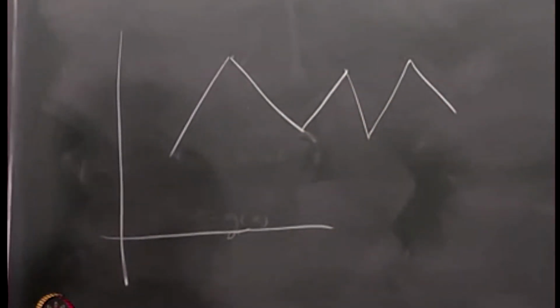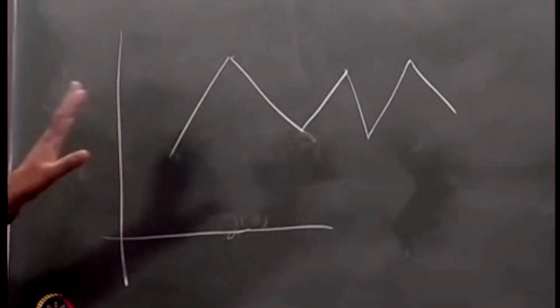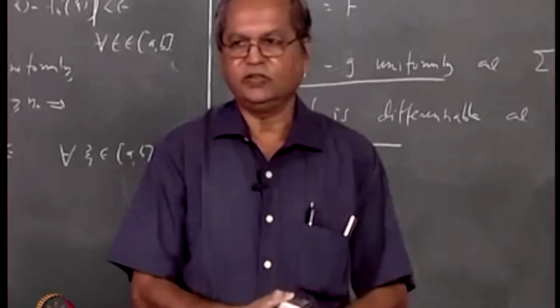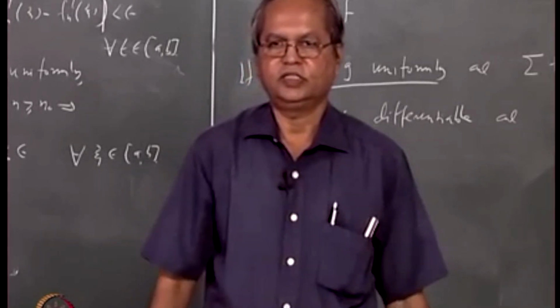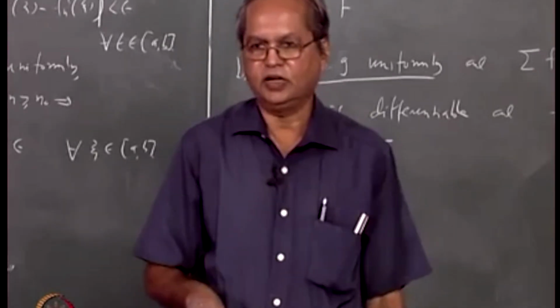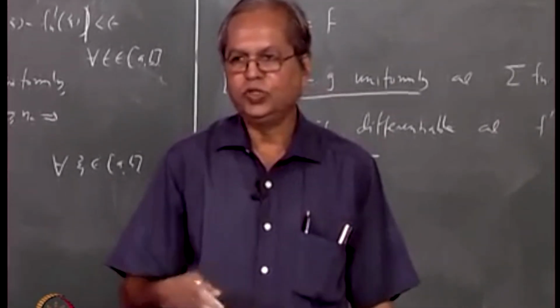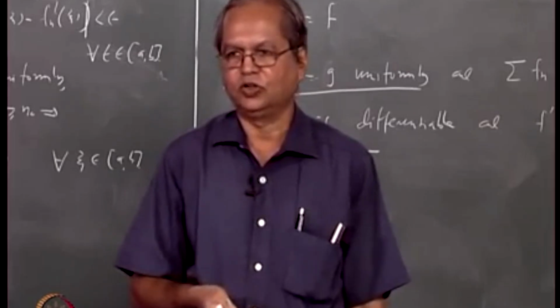So it is fairly easy to construct a function which is continuous everywhere but not differentiable at 2 points, 3 points, etc. But suppose one asks the question, does there exist a function which is continuous for all x in R but not differentiable for any x in R? Then you will see that our usual intuition does not help us in answering that question, and one feels that such a function may not exist at all.